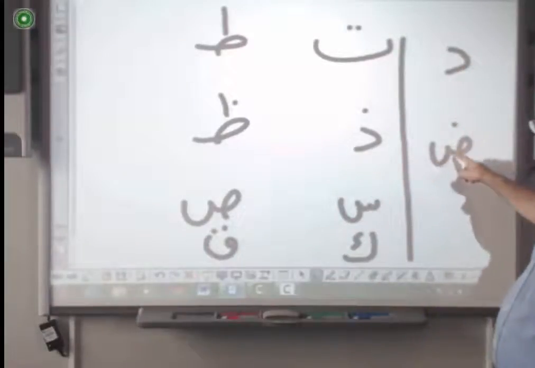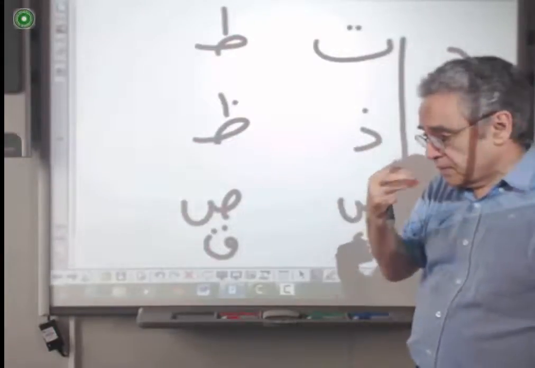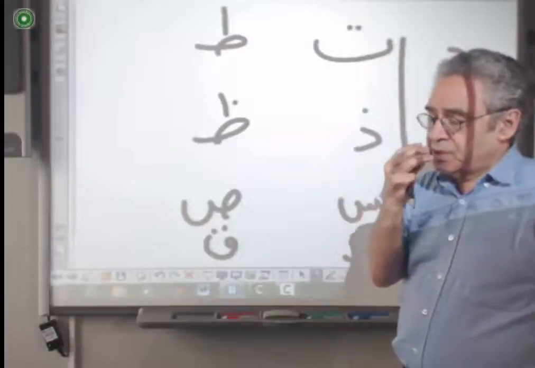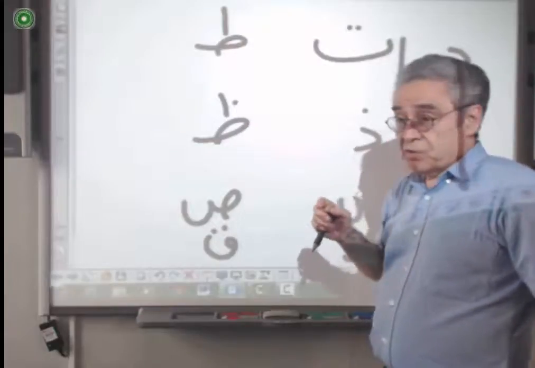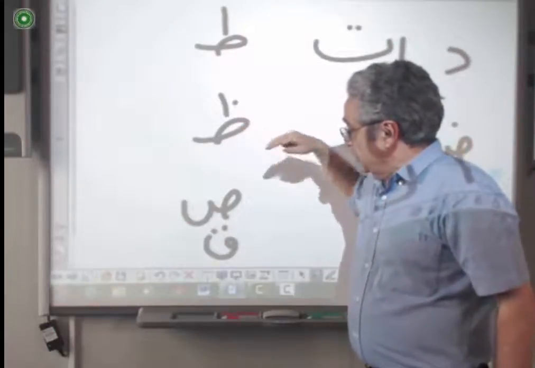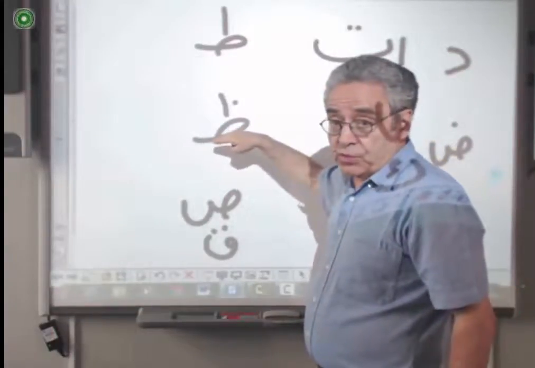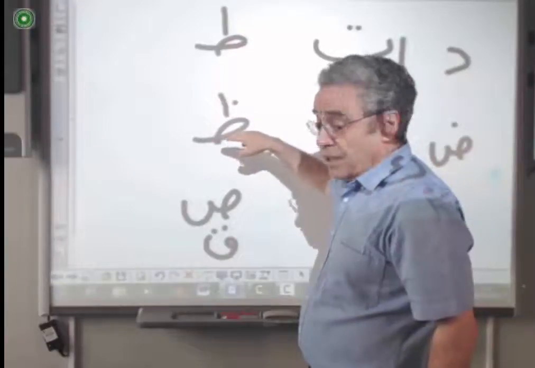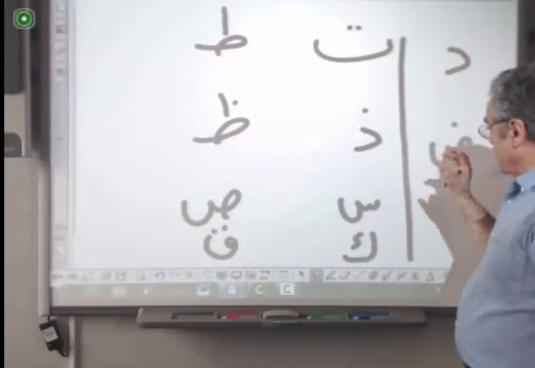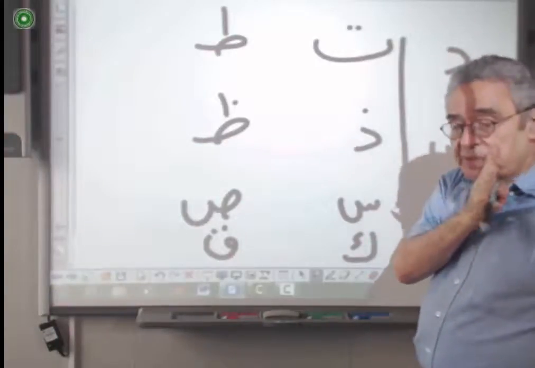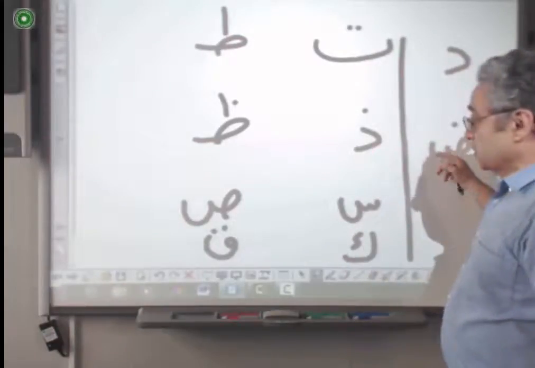Maybe there is a similarity between dad and dal, but with dad we don't stick out the tip of the tongue like what we do with the va, because we push the tongue against the edge of the front teeth, va, as you see. While here, it is inside, dad. We push it against the upper back teeth, the left teeth most of the time, dad.